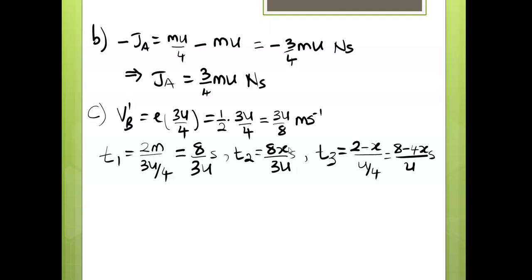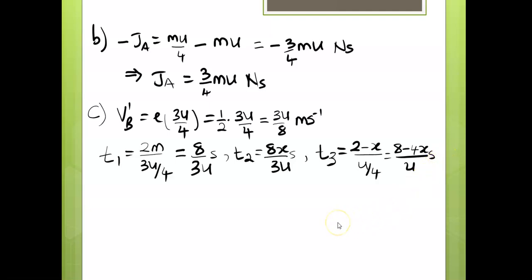After hitting the wall and coming back to strike A again, the distance for A will be 2 minus x, and the velocity of A after the first impact is U over 4. So we have 2 minus x divided by U over 4, which is 8 minus 4x over U seconds.